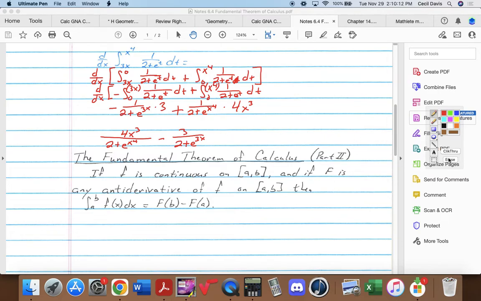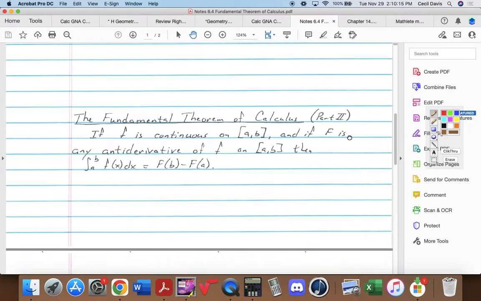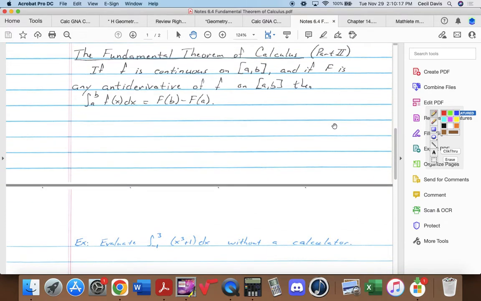So here's the second part of the fundamental theorem of calculus. If f is continuous on the closed interval from a to b, same thing we had before, and if capital F is any antiderivative of f on the closed interval from a to b, then the integral from a to b of f of x dx is equal to capital F of b minus capital F of a.